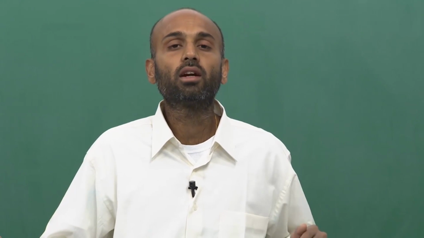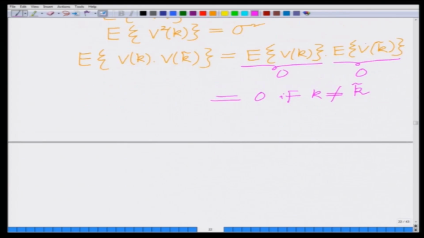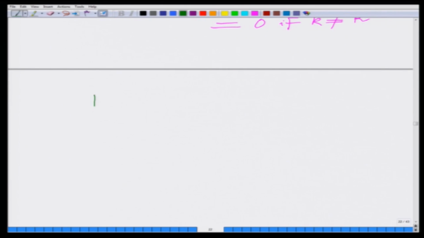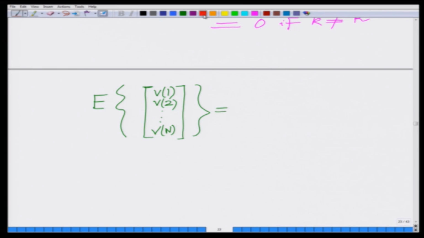Okay. Naturally, now let us characterize the statistical properties of the noise vector. The first property is simple: if I look at the mean of the noise vector, that is the mean of V1, V2, up to Vn, each component is 0 mean, therefore the mean of the vector is the vector of expected values of V1, V2, so on, up to Vn.